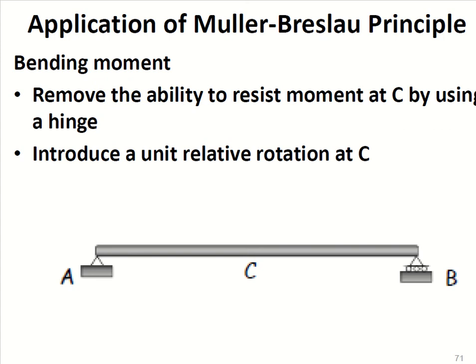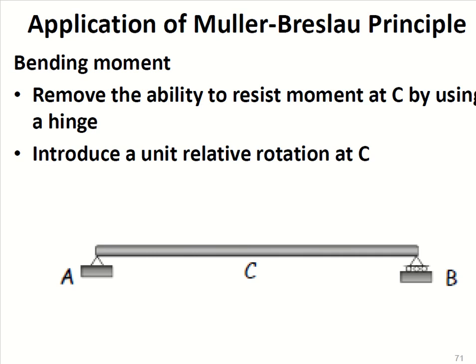Similarly, for bending moment, it says to remove the ability to resist movement at C by using a hinge. For example, introduce a hinge here, because you know that a hinge is a support that can resist the reaction in the vertical and horizontal directions, but it cannot resist the bending moment.